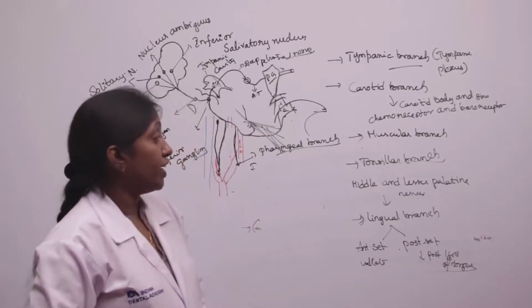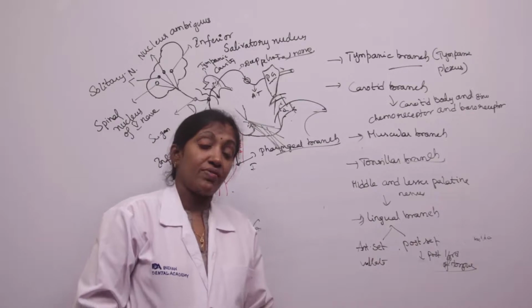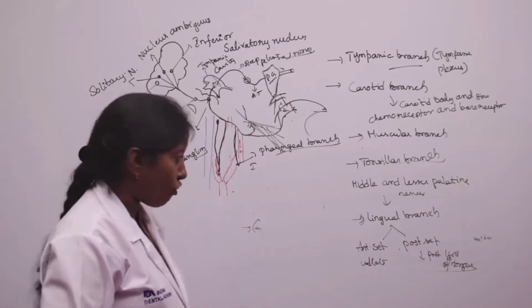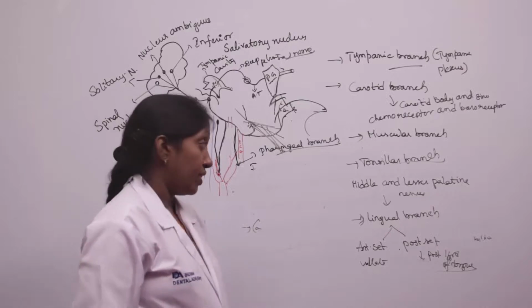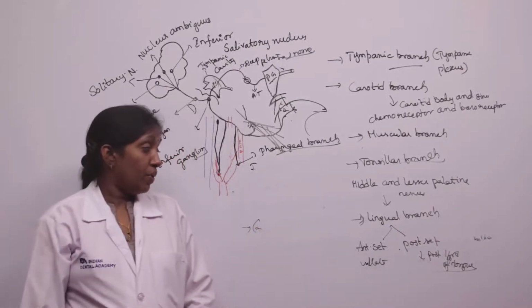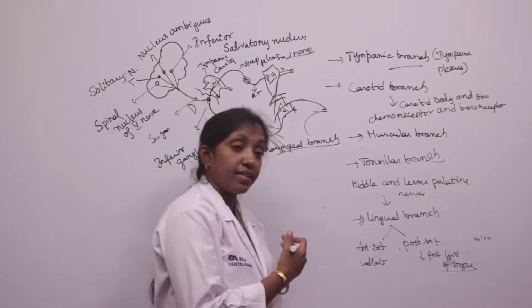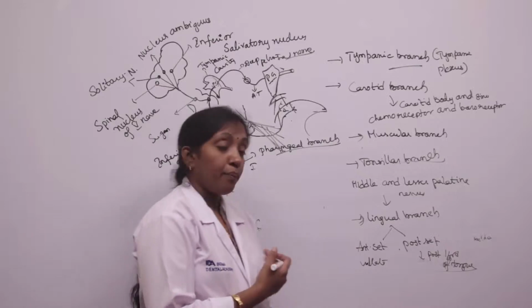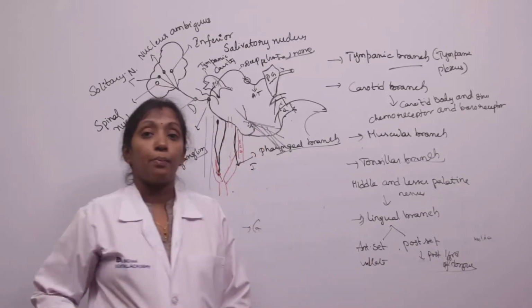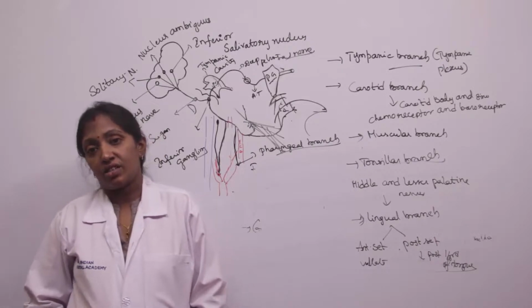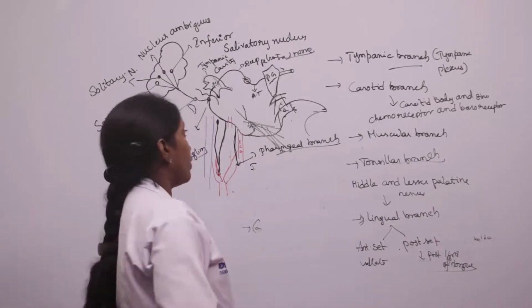The fourth is the tonsillar branch, which supplies the tonsil, forms a plexus with the middle and lesser palatine nerves, and supplies the soft palate and oropharynx. And the lingual branch divides into anterior and posterior sets. The anterior set supplies the vallate papillae in front of the sulcus, and the posterior set supplies the posterior part of the tongue, general sensation as well as taste sensation. So that's about the branches of the glossopharyngeal nerve.